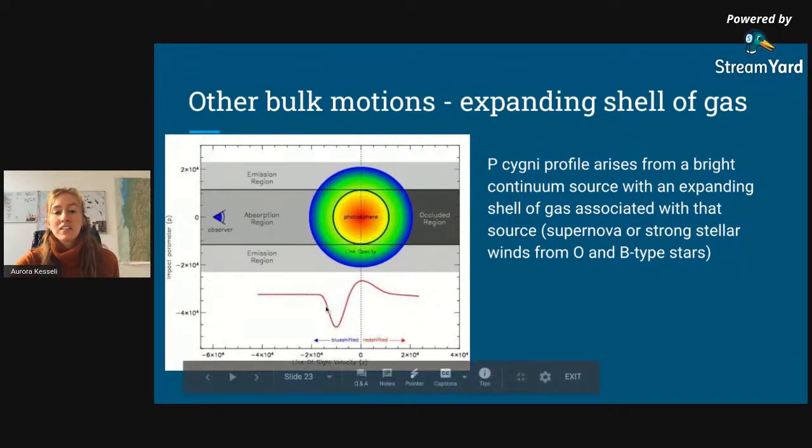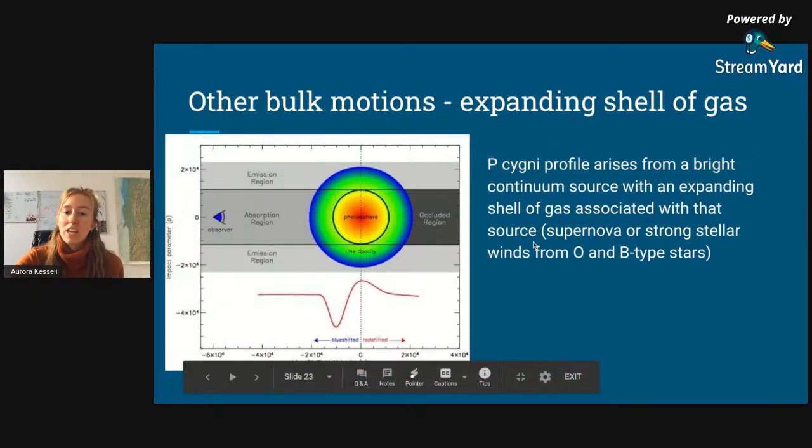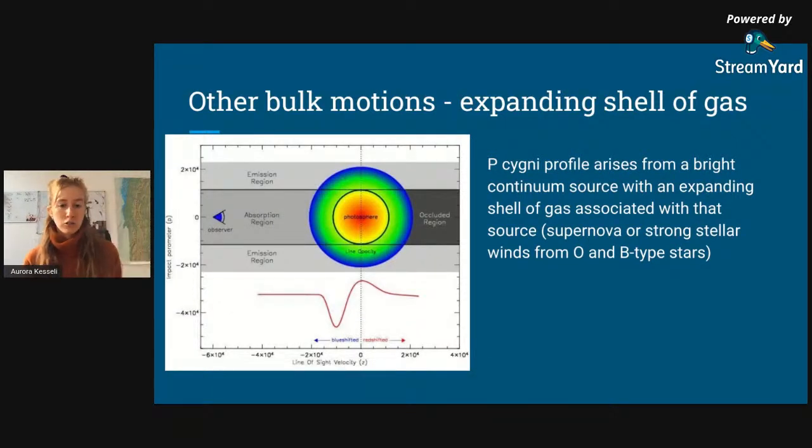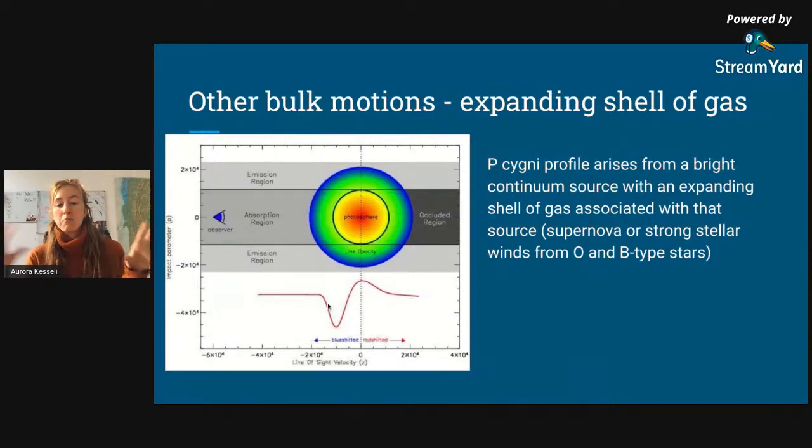And you can see this exact shape in stellar lines from stars like O and B type stars that have really strong winds that are expanding out from them. And you can also see this shape in spectra of supernova. And again, at low resolution maybe you wouldn't even see this shape because it would be smeared out.